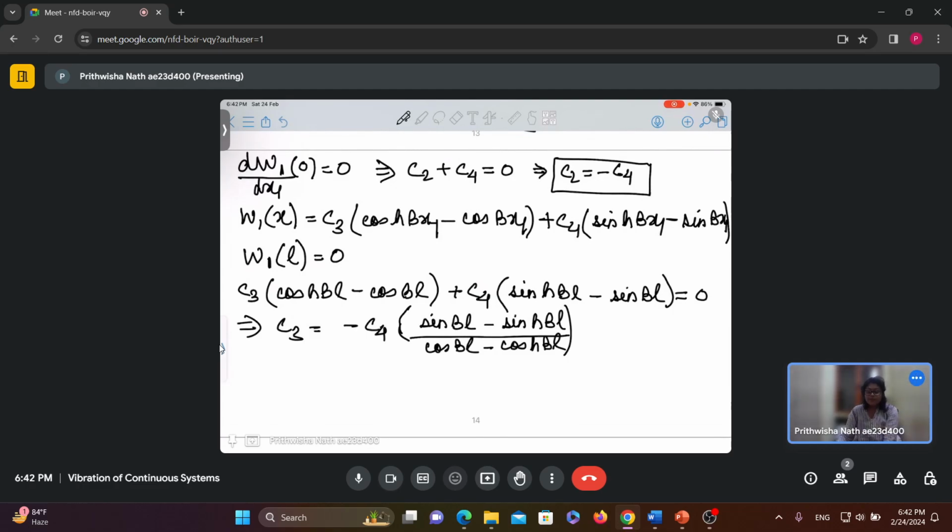Now I write the entire expression of W1 in terms of x1, in terms of C4 only.